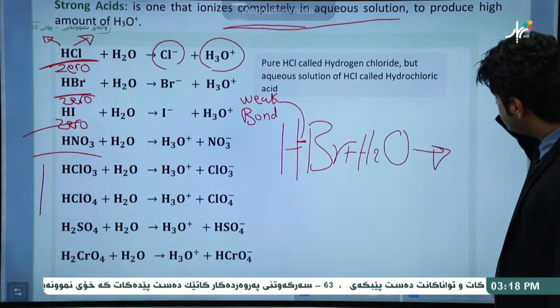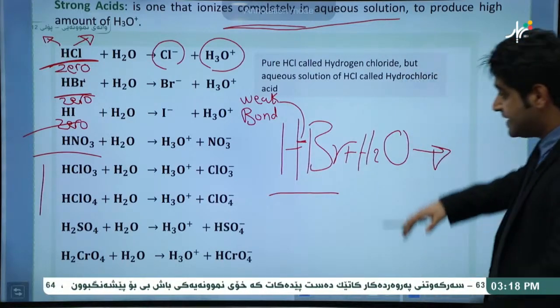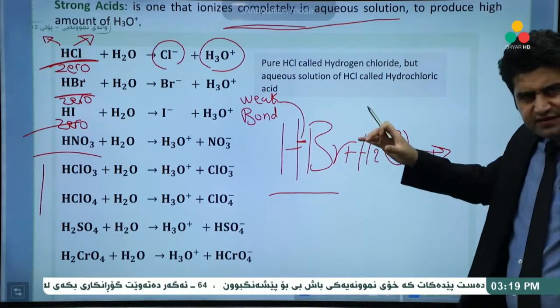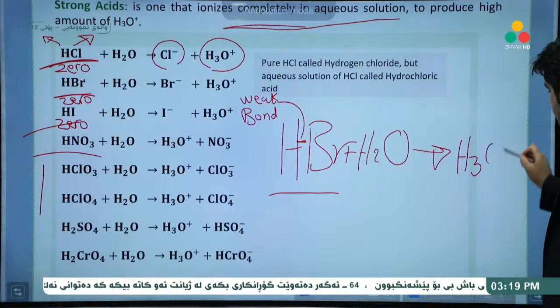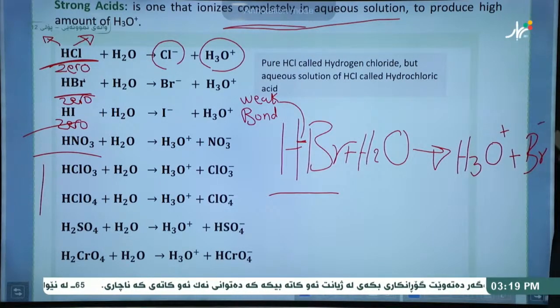So we should use a single arrow because it is a strong electrolyte. It completely ionizes, completely breaks to form H3O+ and Br-.